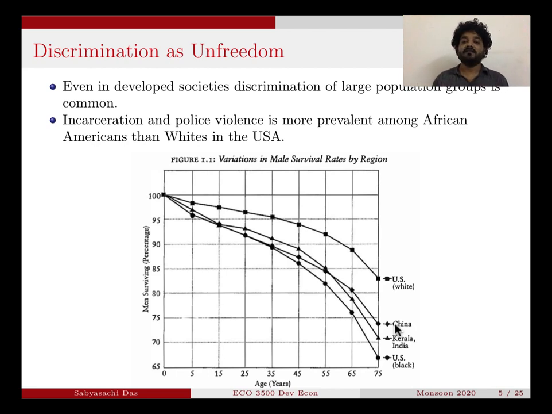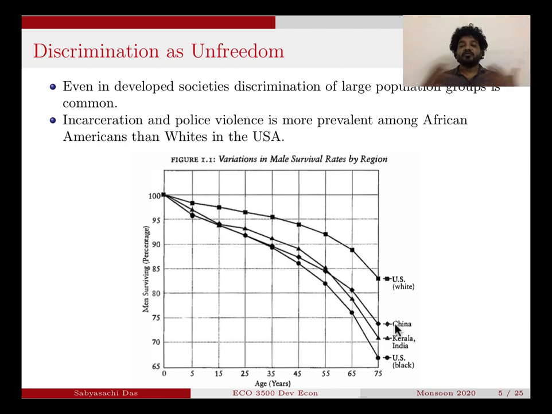So what you see is that due to systematic discrimination against African Americans in the US, institutionally, socially, politically, in all forms, some of which are getting manifested in these past few weeks, you see large demonstrations by African Americans, registering their displeasure about the way they are getting treated by, say, the law enforcement agency.